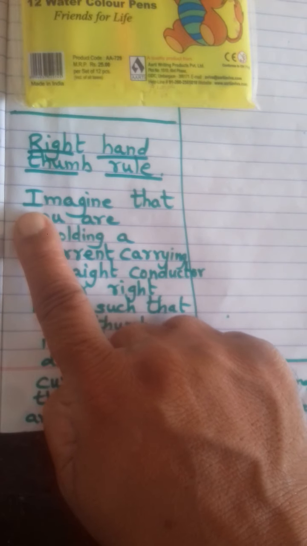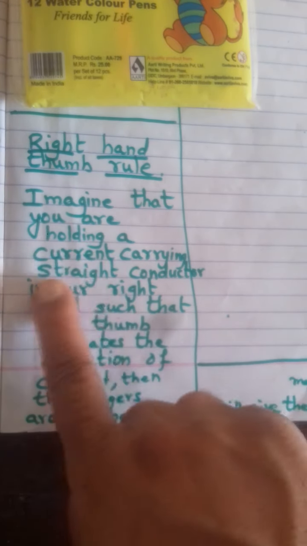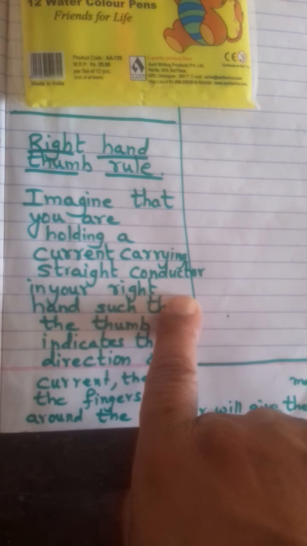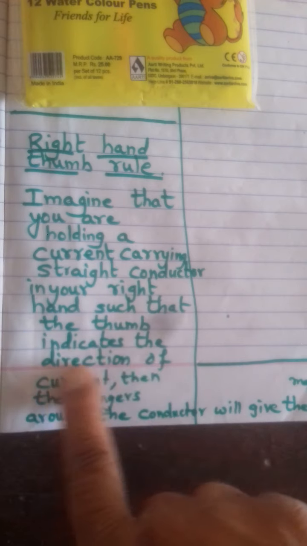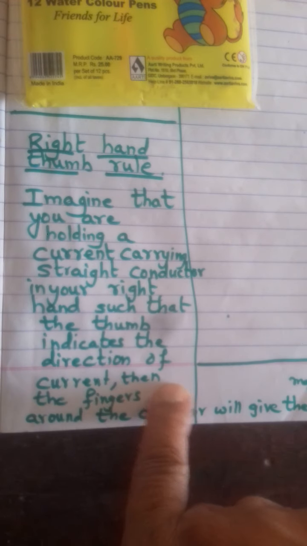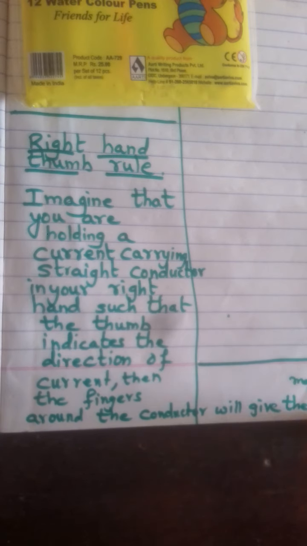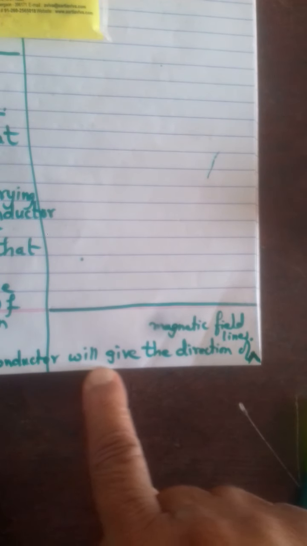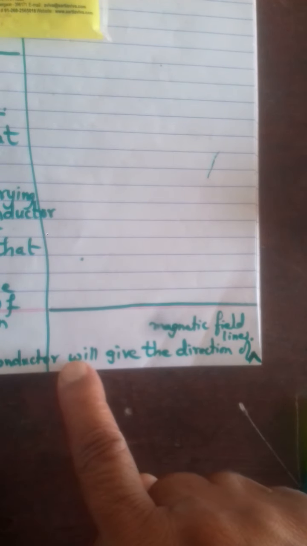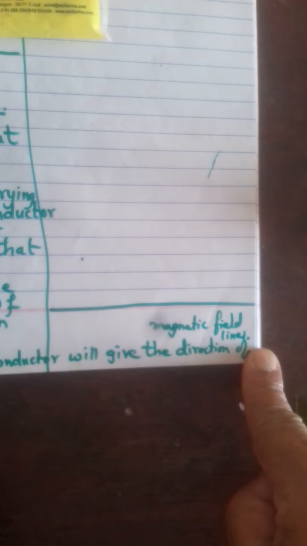What it states is, imagine that you are holding a current carrying straight conductor in your right hand such that the thumb indicates the direction of current. Then the fingers around the conductor will give the direction of magnetic field lines.